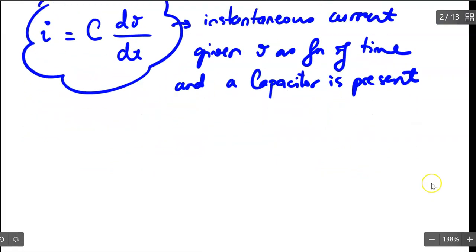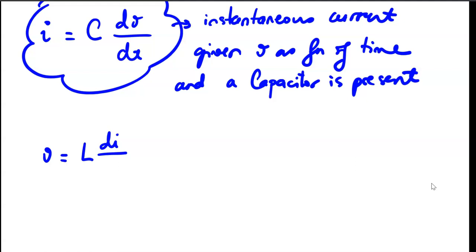The next one I also want to mention to everyone is the instantaneous voltage. In this case you are given an inductor, and you are given a function for instantaneous current with respect to time.